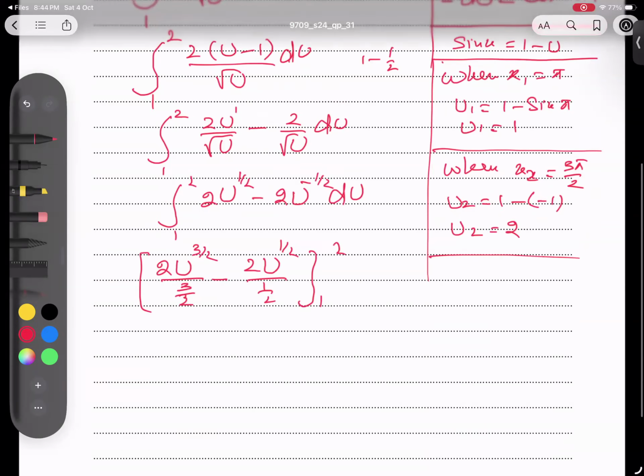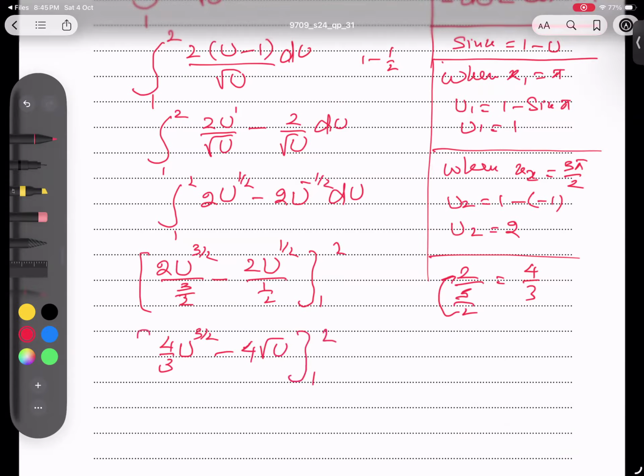So you know, students, this is a fraction part, how to deal with that. So 2 over 3 by 2 will flip up and we get 4 over 3. If you check carefully, we get 4 over 3 u to the power 3 by 2. This flips up, and you get a negative 2 to the 4 and root of u. I think this part is very clear.